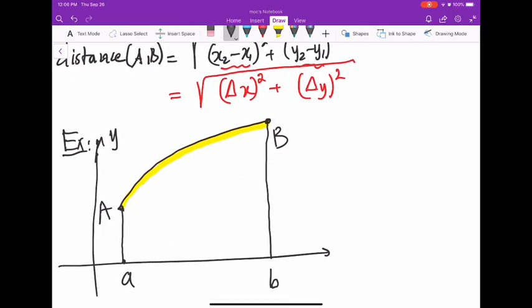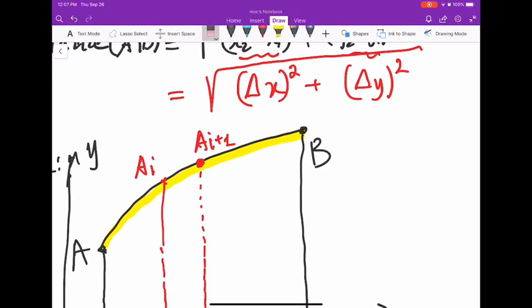If you split this into small pieces, I have a small piece in here. Let's say this is delta x, and these are A_i and A_(i+1). So I can approximate the arc length of this piece by the distance from A_i to A_(i+1).